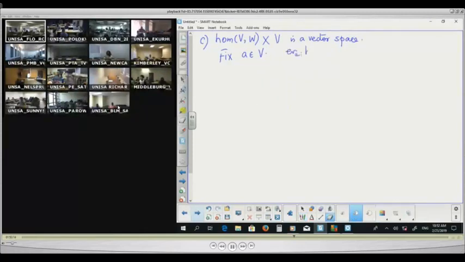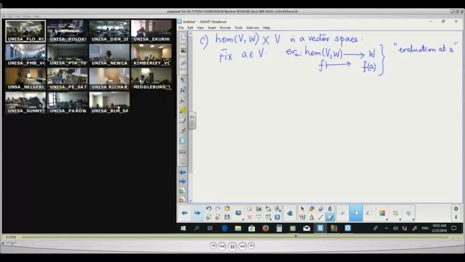So fix an A and so I take an F. You can read this function as the evaluation at A. Right?